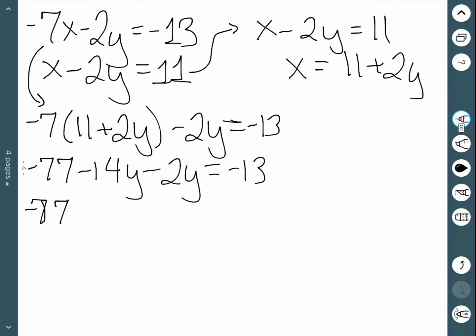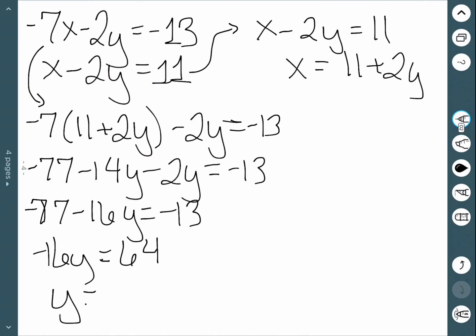Well, adding negative 14 minus 2 is negative 16y. I can then add 77 to both sides. That leaves me with negative 16y on the left, and on the right, negative 13 plus 77 is going to be 64.